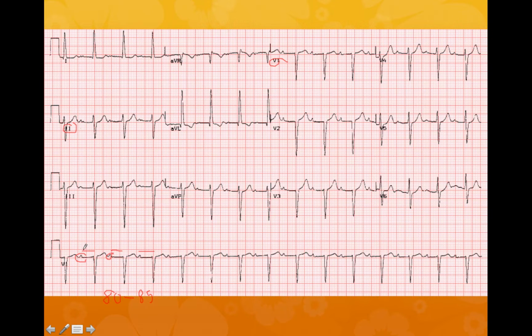And there is a P wave for every QRS complex, but there is PR interval prolongation.